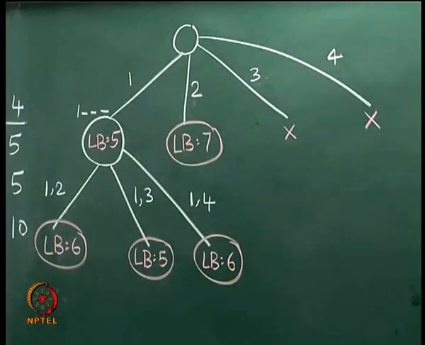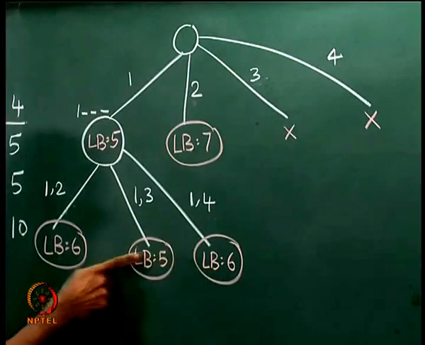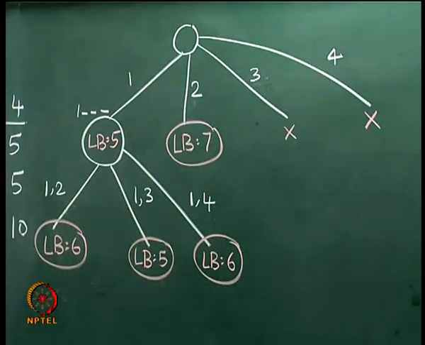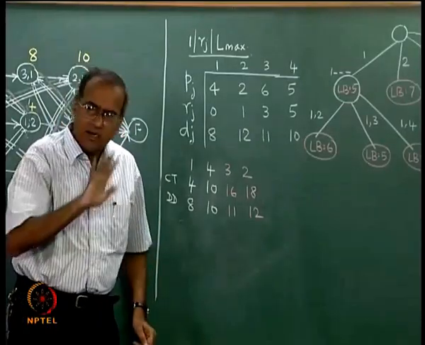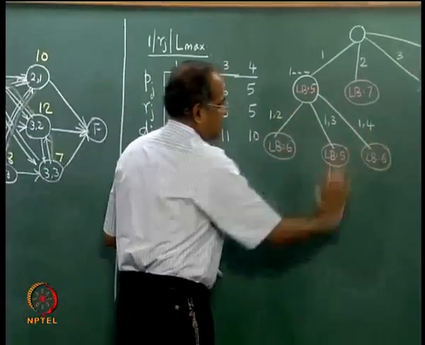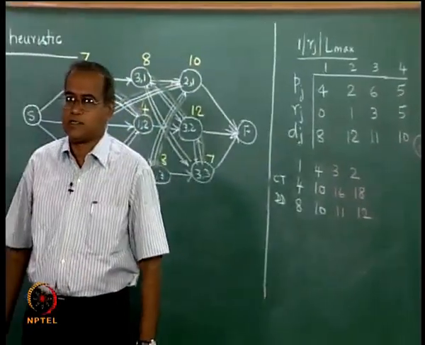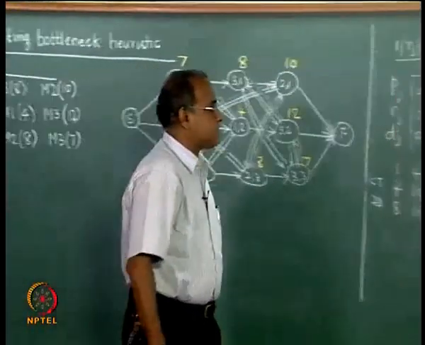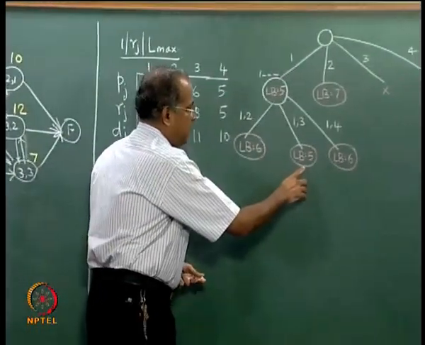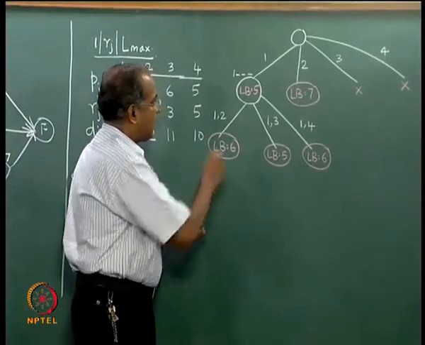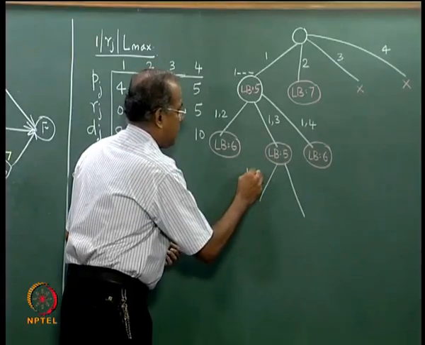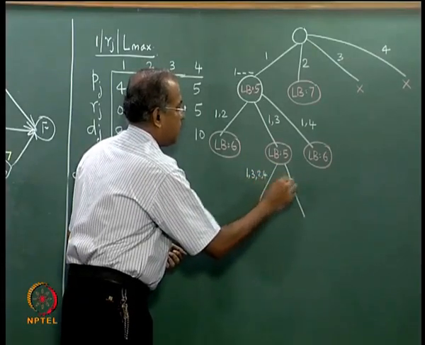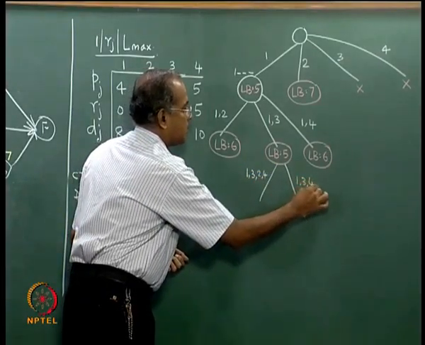So the lower bound is equal to 6. It is actually possible to show that we need not calculate this, because we have a 5 and this is going to result in at least one more, but in any case we have calculated this. So we keep this lower bound equal to 6. Now we can proceed from here and create two branches. So I have 1 3, I have 1 3 2 4 and 1 3 4 2.